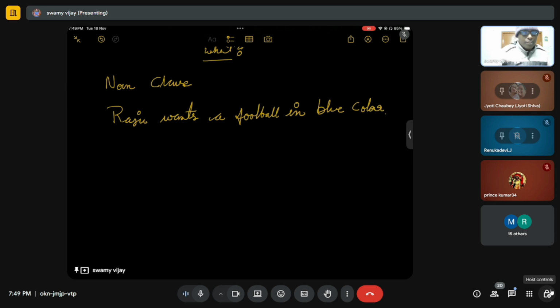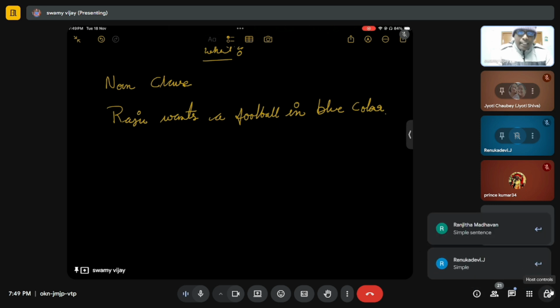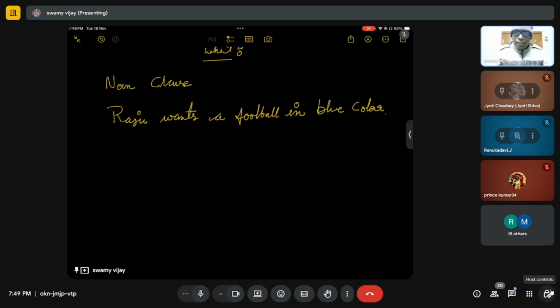Now tell me first of all whether this sentence has clauses or it is a simple sentence. It is a simple sentence, correct? There is no clause. For a sentence which has no clause, there is no question of identifying adjective clause, adverb clause, or noun clause.